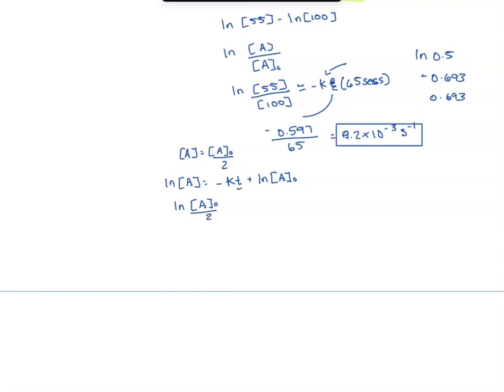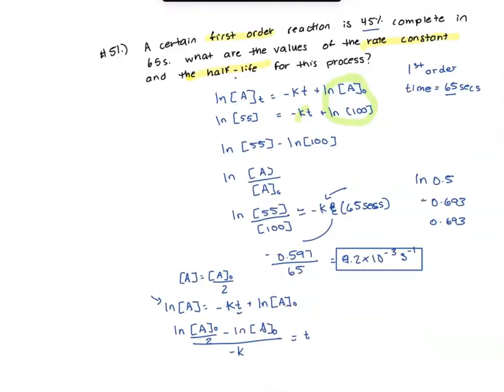We want to isolate this t, and it'll be natural log of initial over 2 minus natural log of initial, all over negative k, will then equal t. And now we've taken this integrated rate law and did some algebraic rearranging in order to isolate t. In doing so, it helped us because we need to look for the half-life.